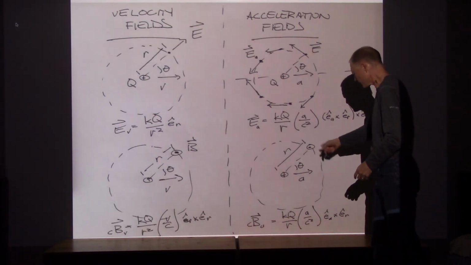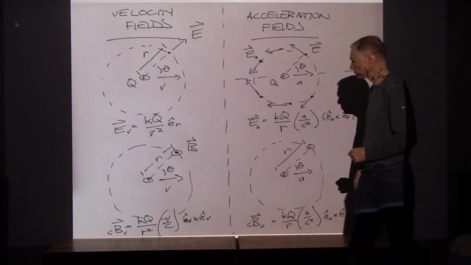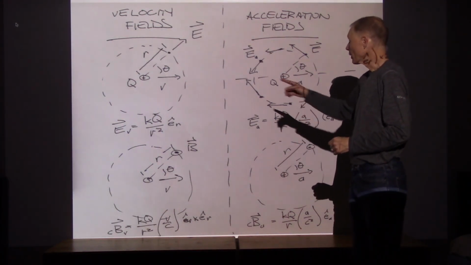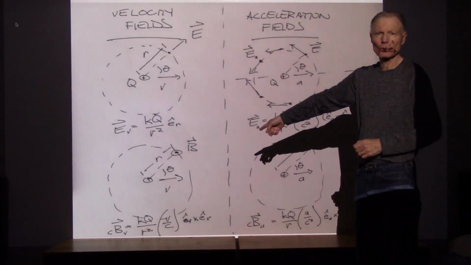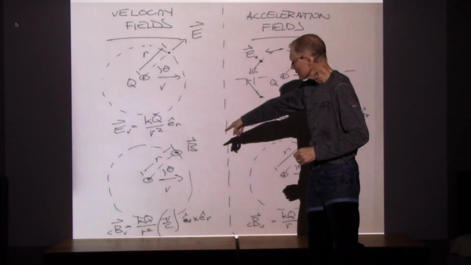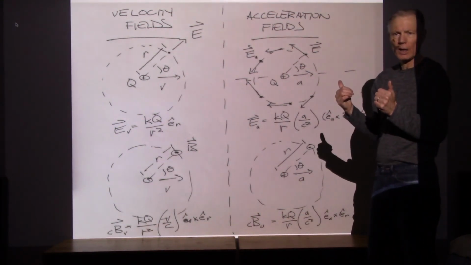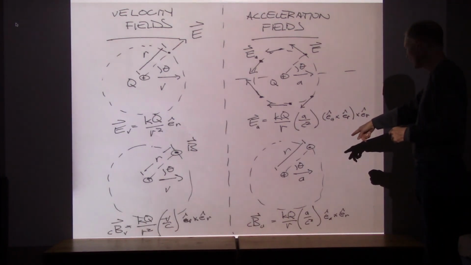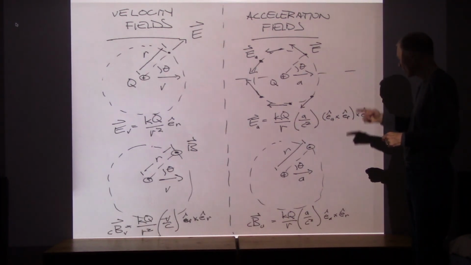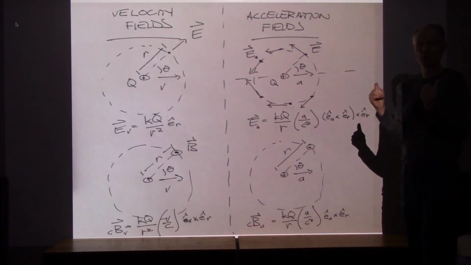The magnetic field directions due to acceleration look the same as the magnetic field directions for the velocity. We still get these loops. In the velocity case, the loops are oriented around the direction of velocity. In the acceleration case, the loops are oriented around the direction of acceleration.